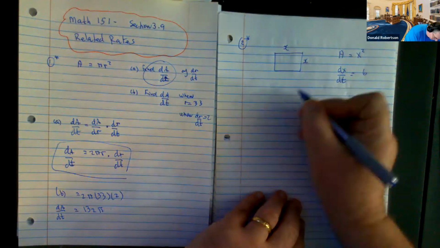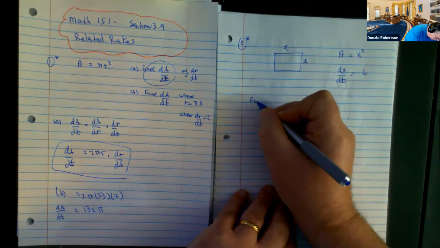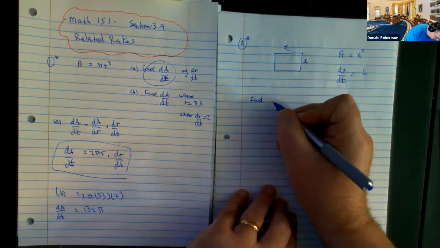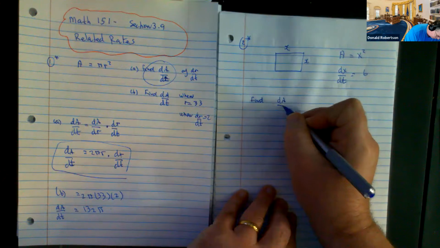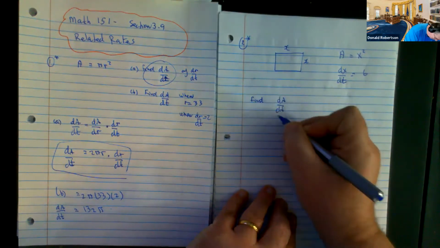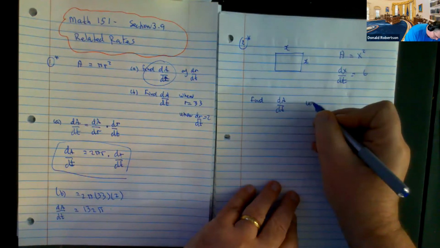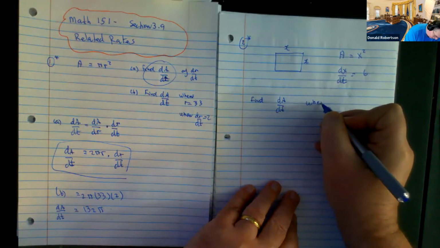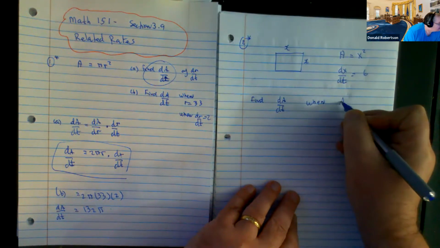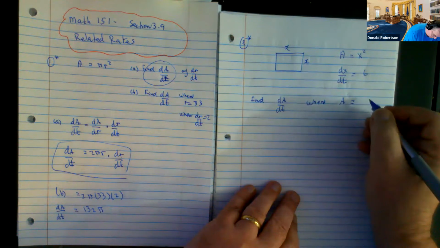And we are being asked to find the rate at which the area is increasing when the area is 81 square centimeters.